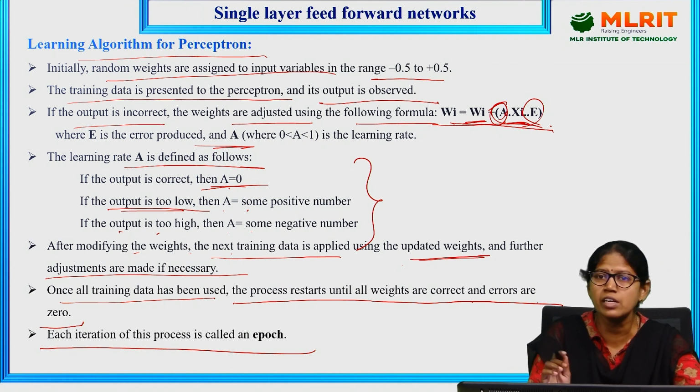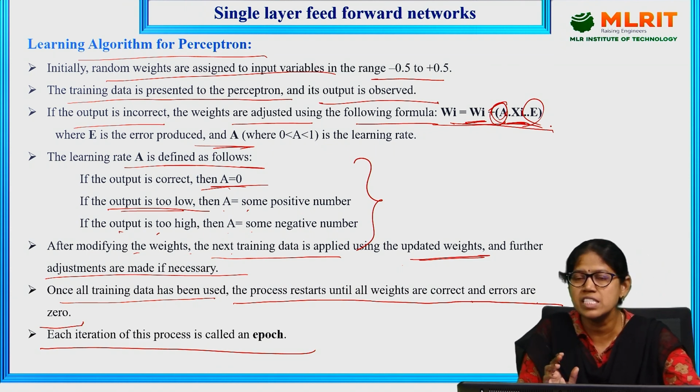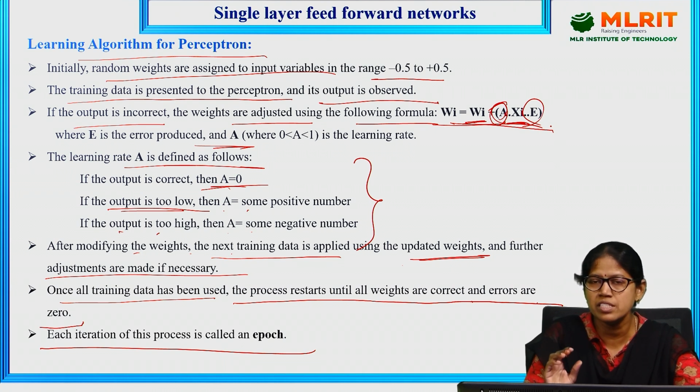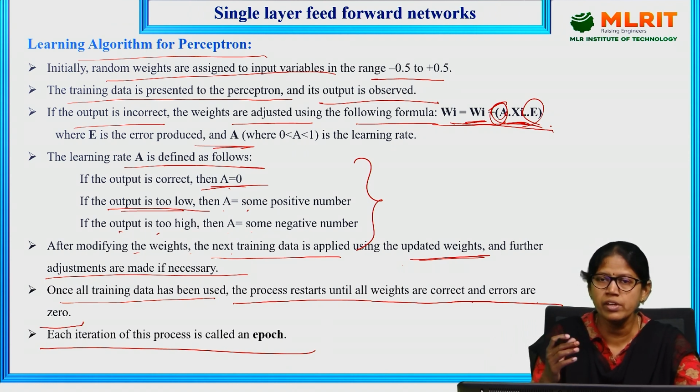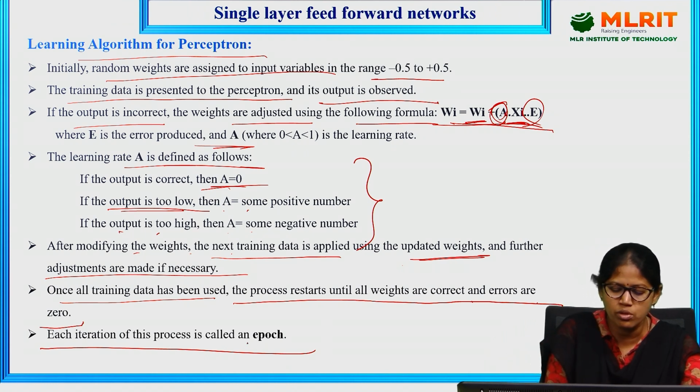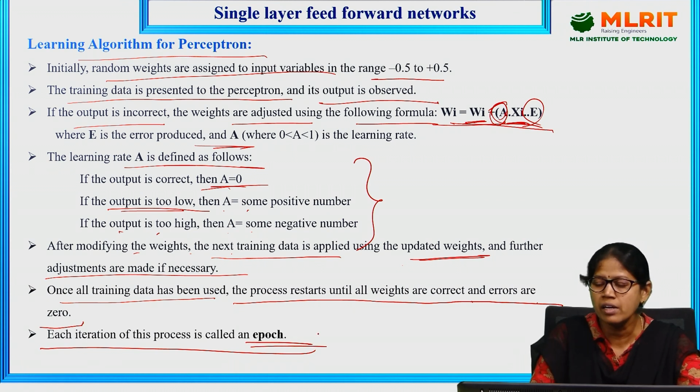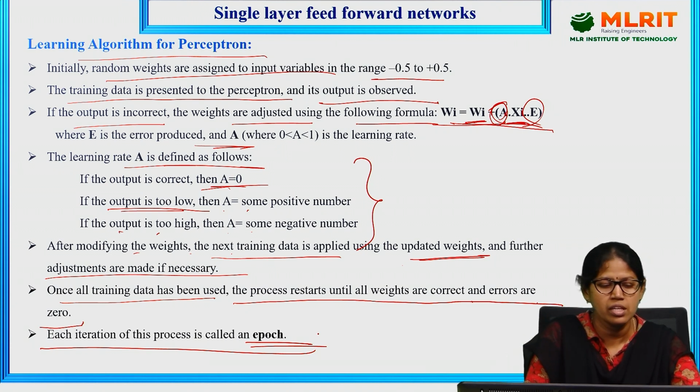After that, the modified weights are used for the next training data, and again we follow the same process. Each iteration of this process is known as an epoch, and we do the same for all the training examples until we get stable values.